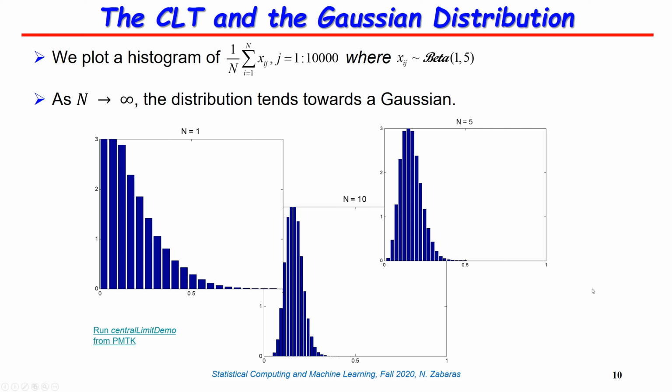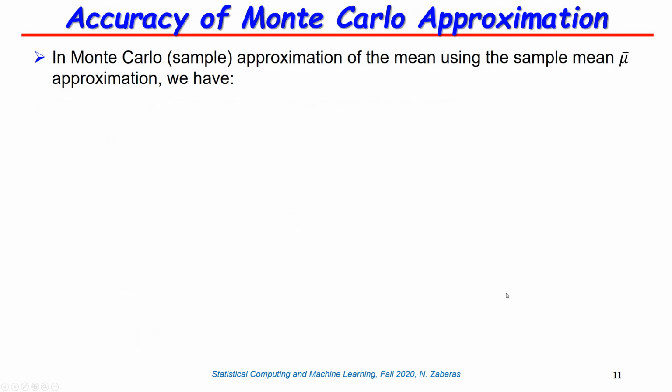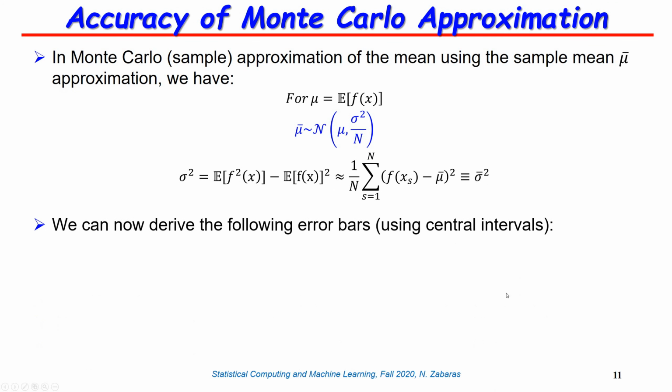I mentioned before that the central limit theorem is a little bit more useful than the law of large numbers because it can tell us something about the error that we make when we approximate the true mean of a distribution with the empirical mean. Let me give you an equation that makes that clear.